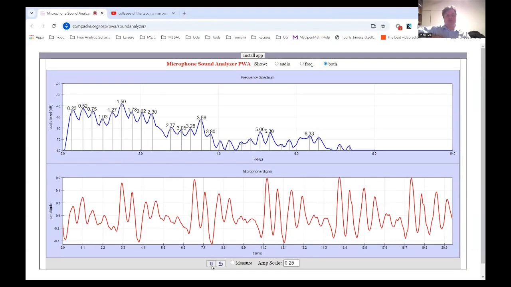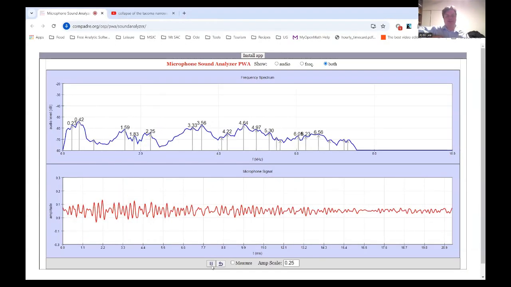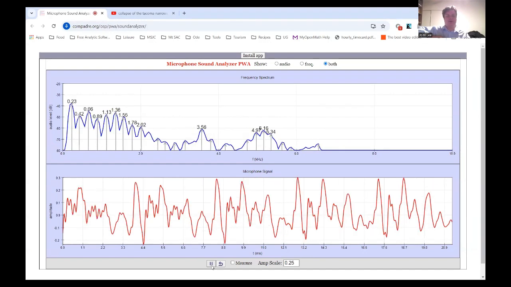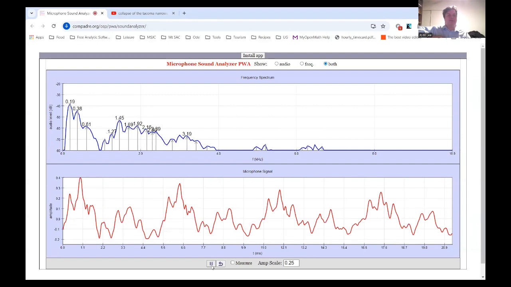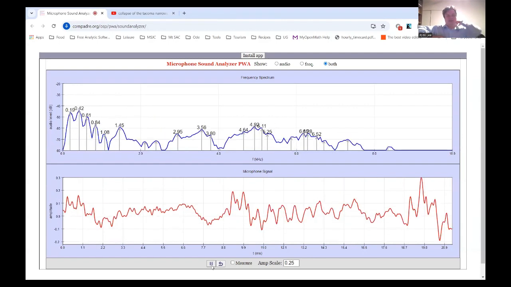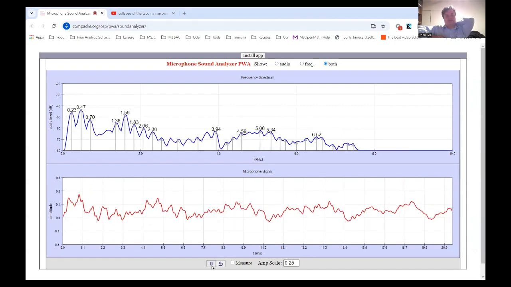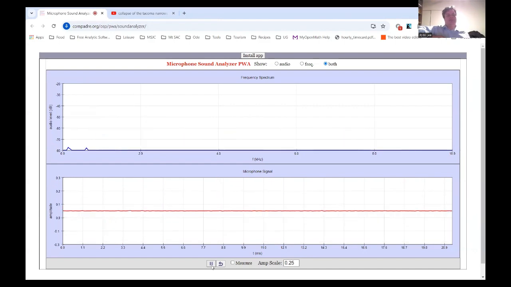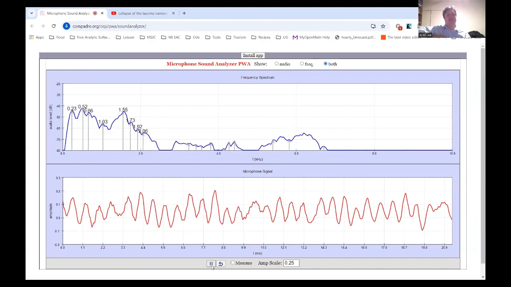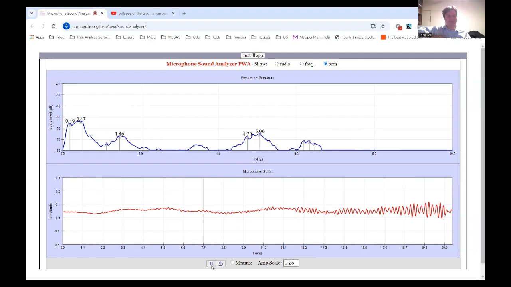What I found was a microphone sound analyzer, which tells you both the waveform that is going to come out of the microphone and the frequencies that make up the waves that compose it. This analysis of the frequencies that make up a more complex waveform is called Fourier analysis.